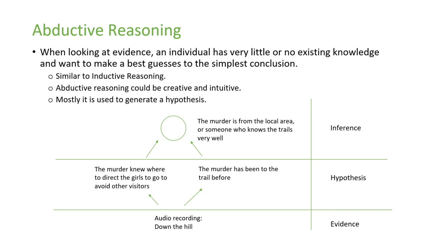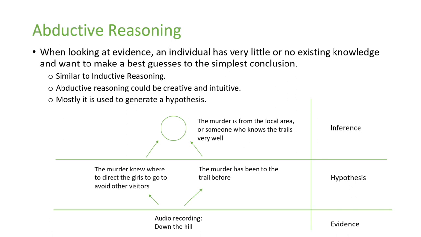Therefore, the host makes a best guess that the murderer is from the local area or someone who knows the trail very well, because the murder happened in a very short time, about 45 minutes. However, to prove this statement, we need more evidence.